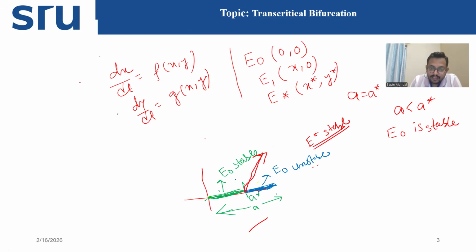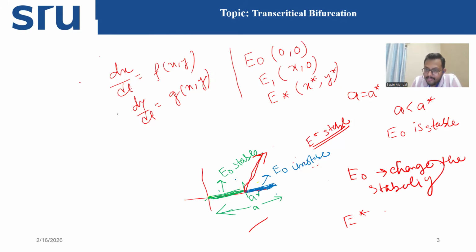So here we observe that one equilibrium point, E0, changes its stability and one equilibrium point exists. This is the main concept of transcritical bifurcation. So there are two conditions needed: one equilibrium point changes stability, and at the same time another one exists or is destroyed.